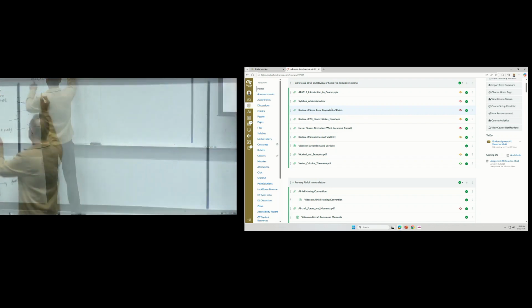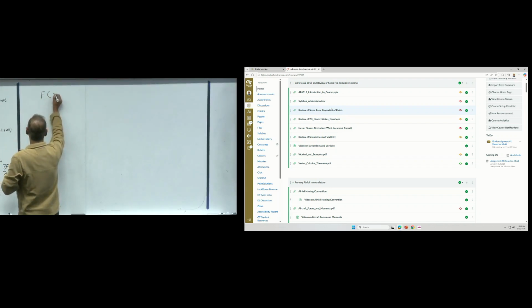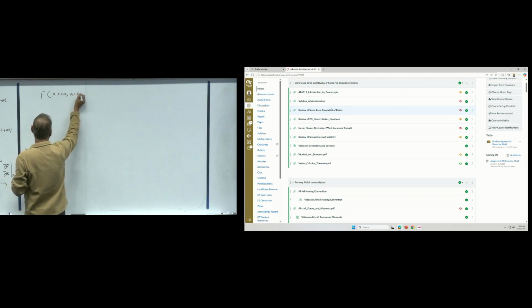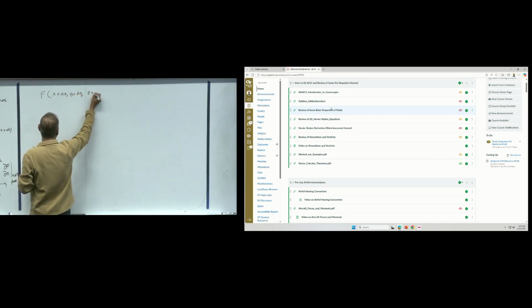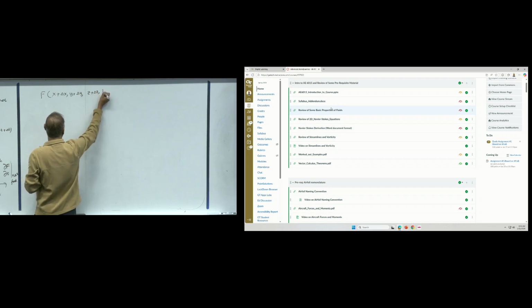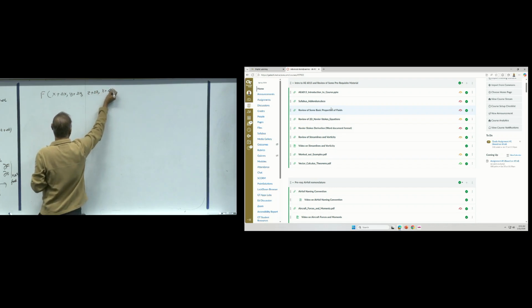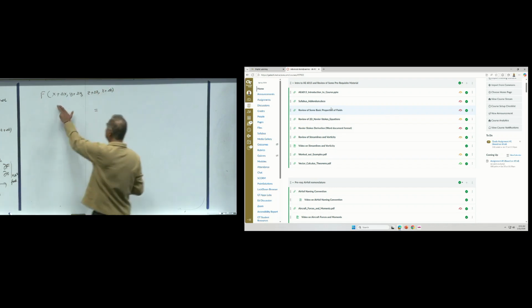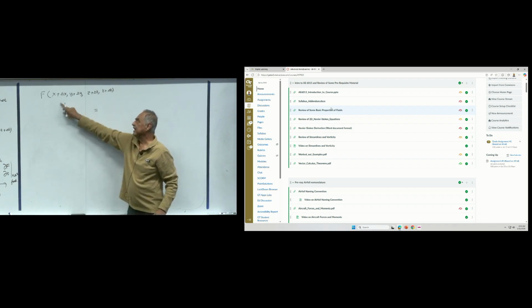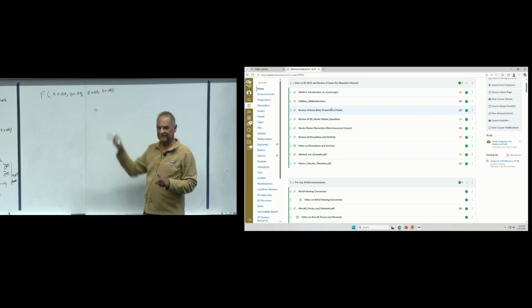So we could say that the final state of the function, the pressure or velocity, is equal to, we can Taylor expand it about x, y, z, and t.